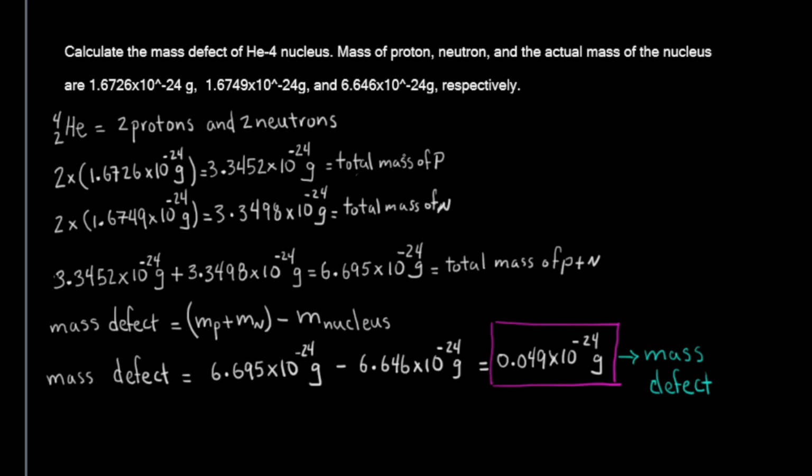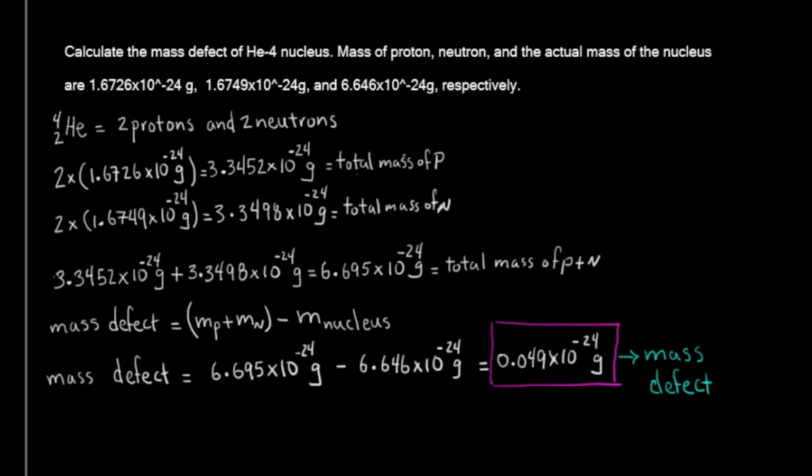So we need to multiply the number of protons, which is 2, by the mass that we are given. So we need to multiply 2 times 1.6726 times 10 to the minus 24 grams. That equals a value of 3.3452 times 10 to the minus 24 grams.